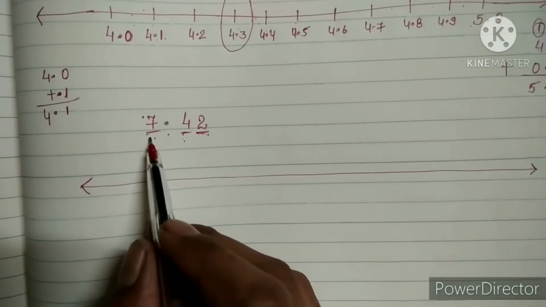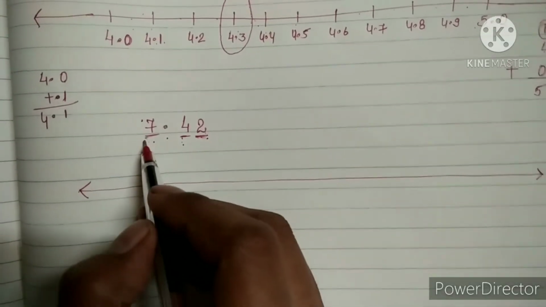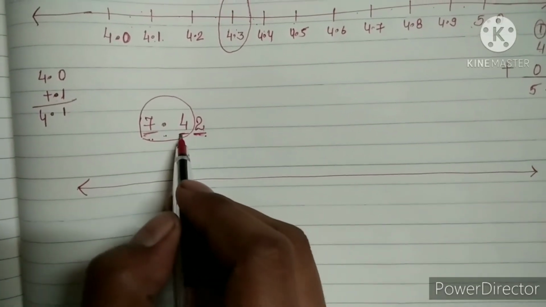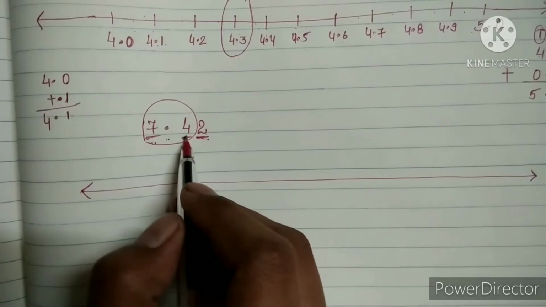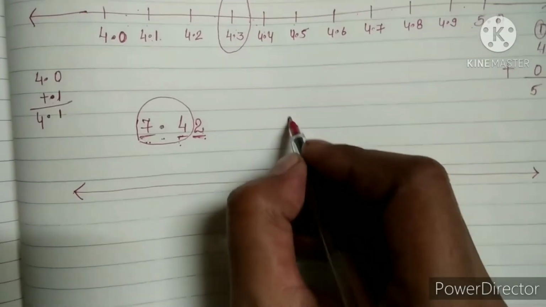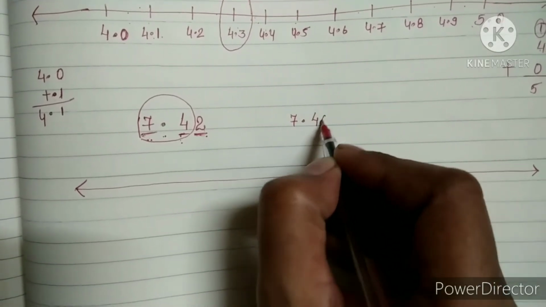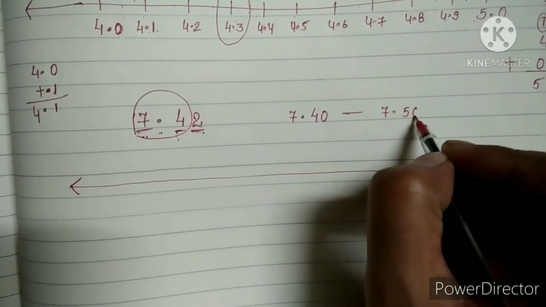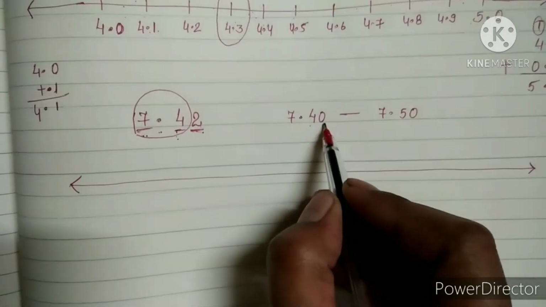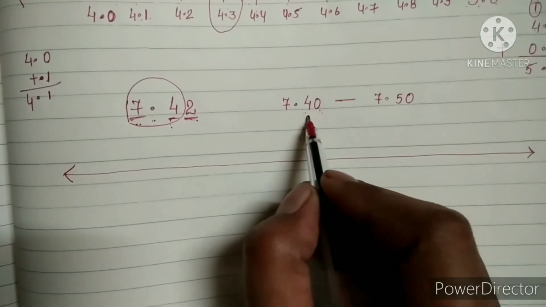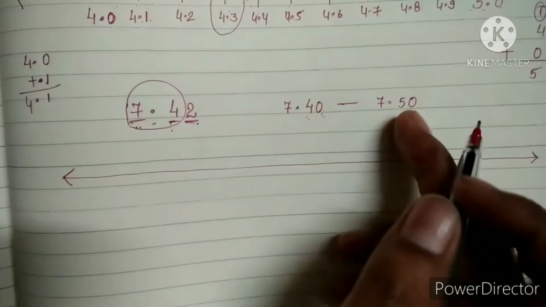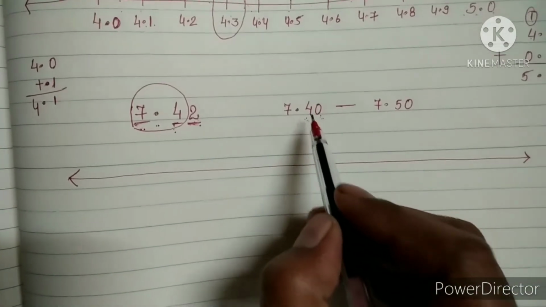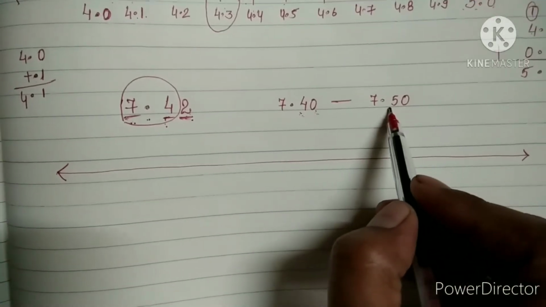We will not only see the 7, we will see 7.4. So 7.4 will come in between 7.40 and 7.50, because 40, 41, 42, 43, 44, 45, and so on. It means we can find 42 in between 40 and 50.